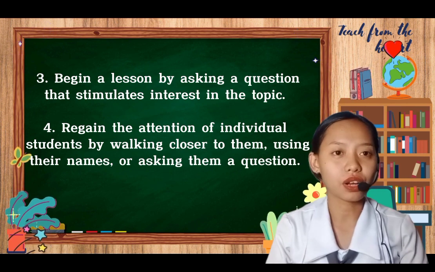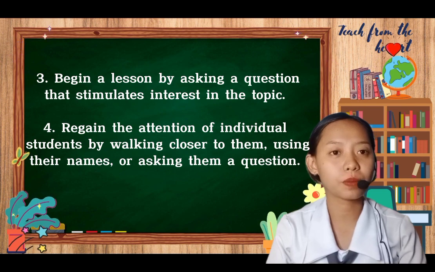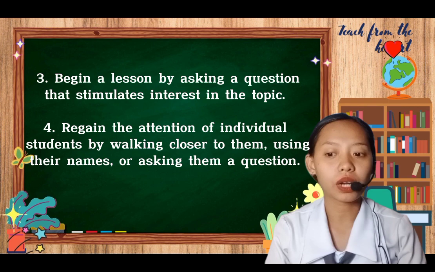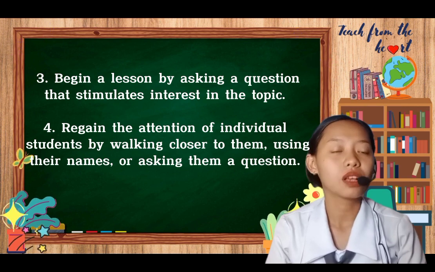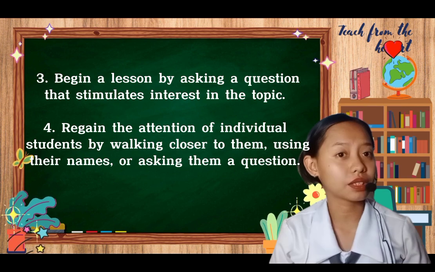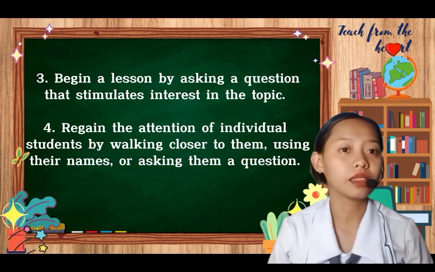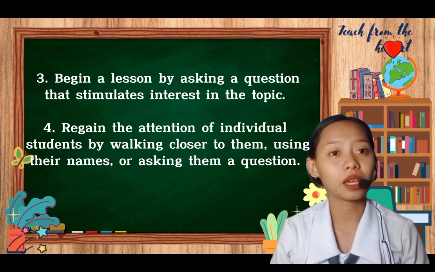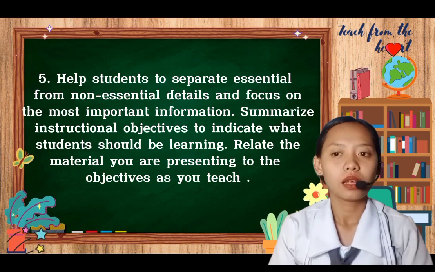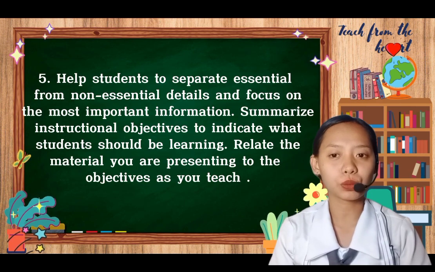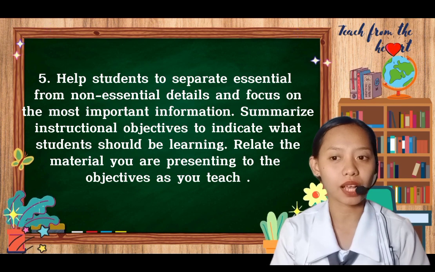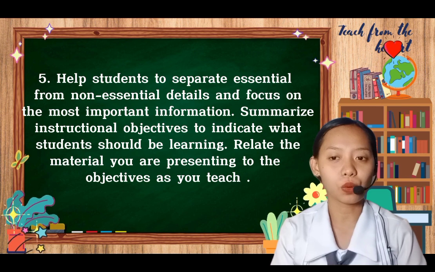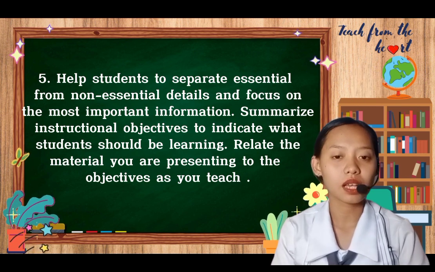Regain the attention of individual students by walking closer to them, using their names, or asking them a question. So when you are discussing your topic and your students are not listening to you, call their names and ask them questions.